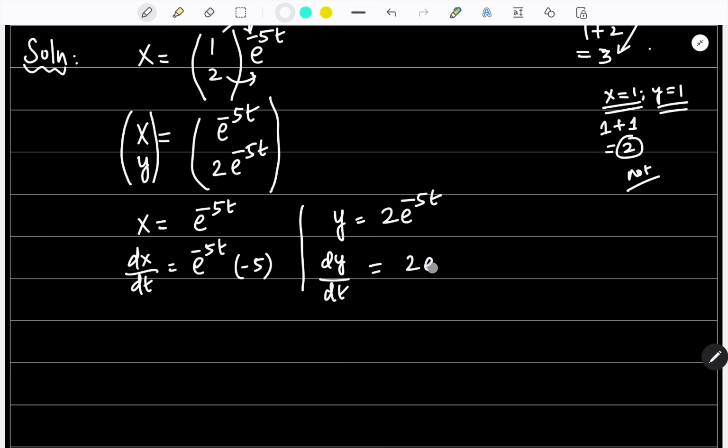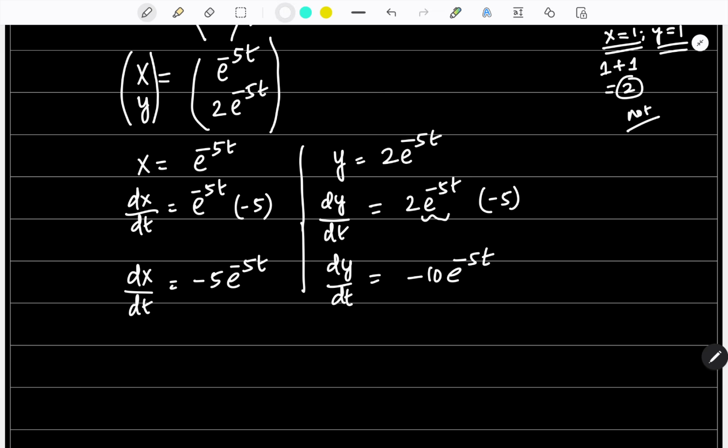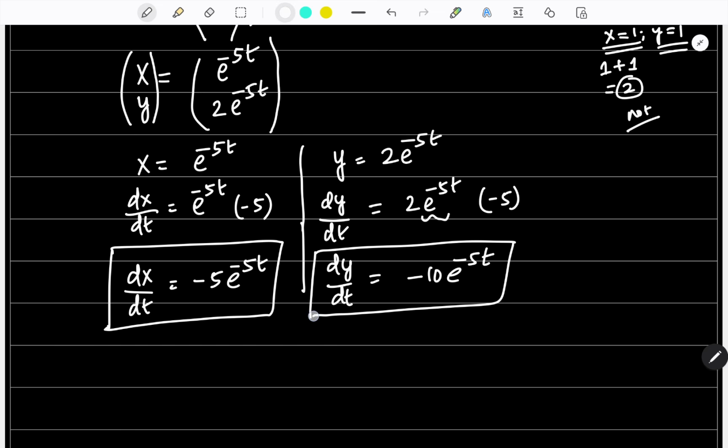And 2 e power minus 5t times minus 5. So dx by dt is equal to minus 5 times e power minus 5t, and dy by dt is equal to minus 10 times e power minus 5t. Is it okay? Yes. So this is your dx by dt and this is your dy by dt.